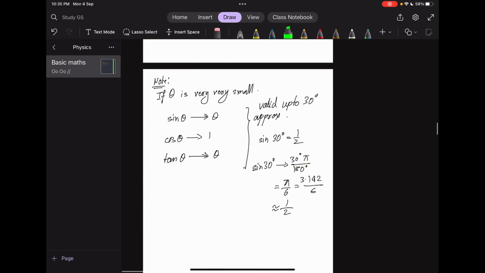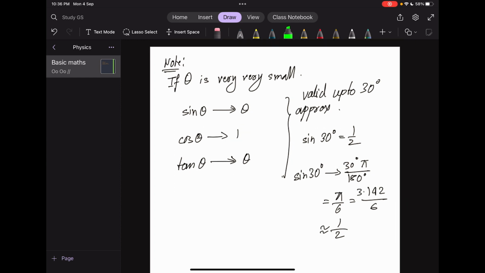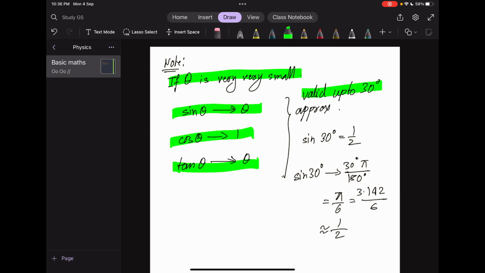And the next thing is, if theta is very small, then sin theta is equal to theta, cos theta is equal to 1, tan theta is equal to theta. This is valid up to approximately 30 degree. So we can say sin 30 degree is half. Now for sin 30 degree, what we can do here is convert, with pi by 180 degree.